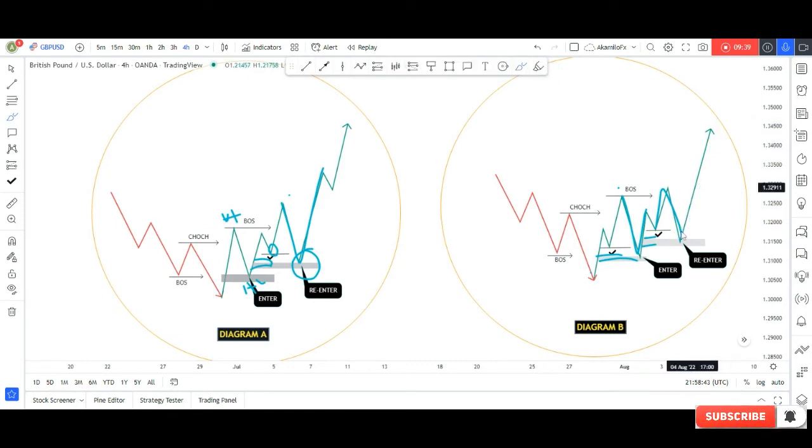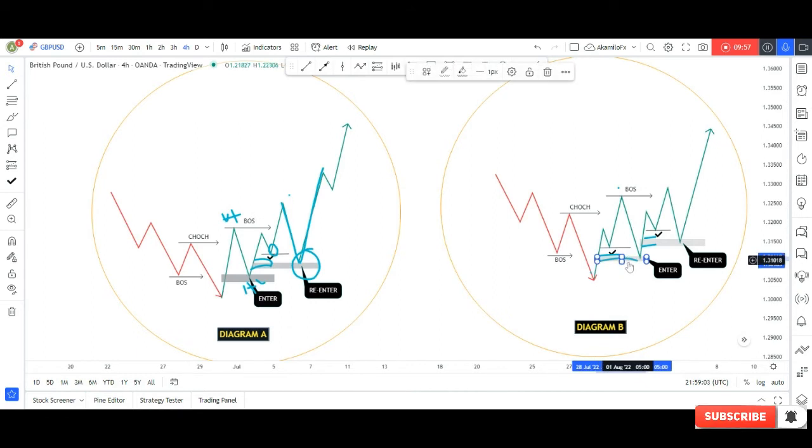Okay, so this is our re-entrance. Our first entrance is we identify the chalk, and then use the chalk to get an entrance to the upside. This is how we enter our positions.